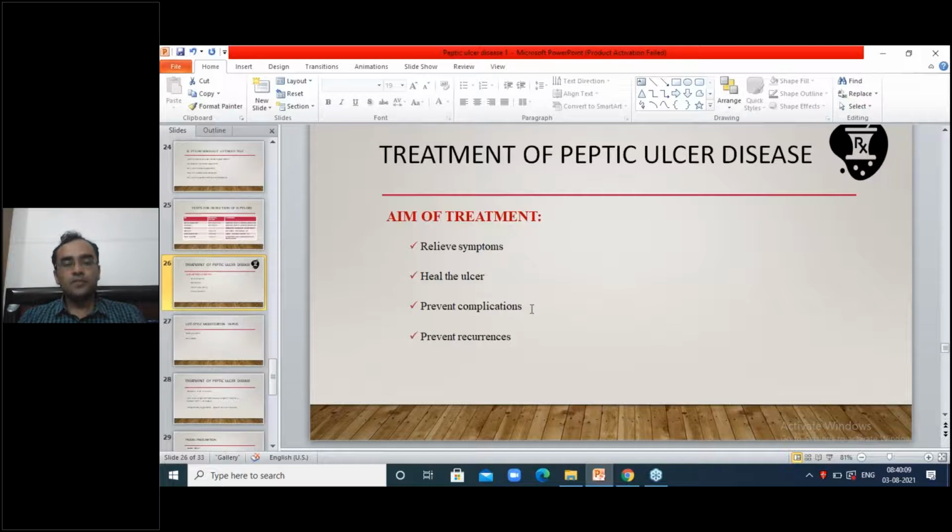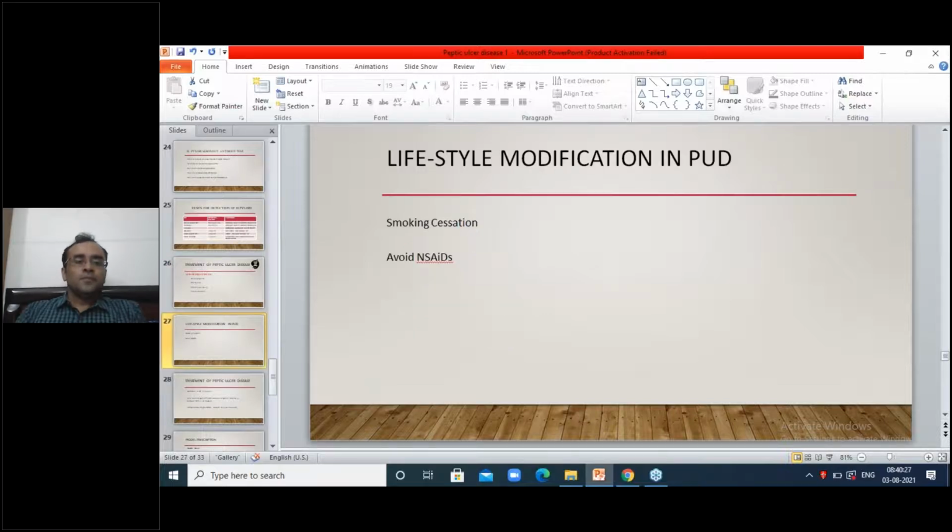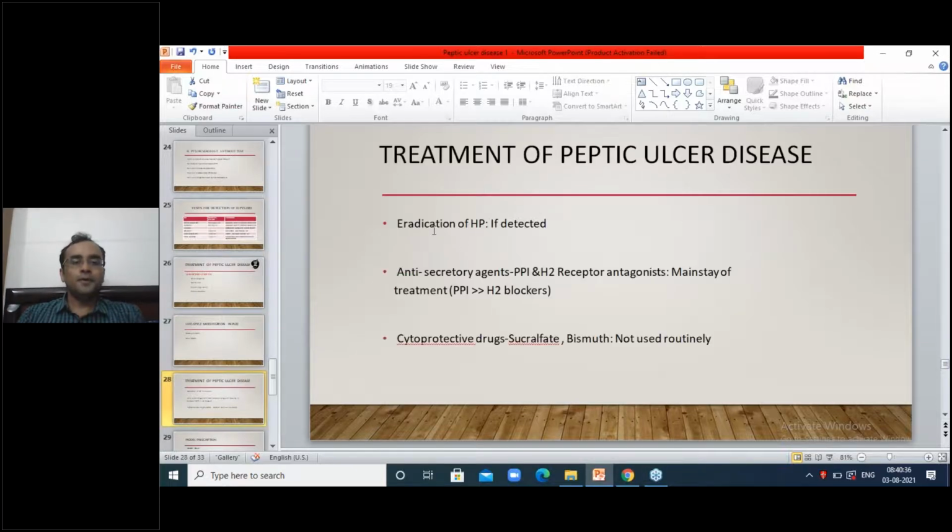They irreversibly bind to the canalicular sites of the proton pump and lead to the cessation of acid secretion. If we talk about lifestyle modification, it is to avoid NSAIDs and stop smoking.